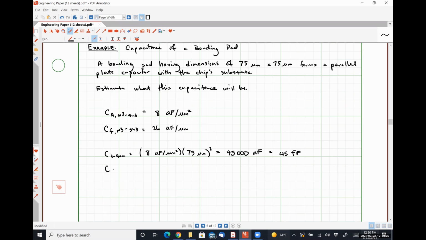Our fringe, how do we get that guy? The length is 75 microns. So that's going to tell us the total fringe field for one side, but our fringe field goes around the entire perimeter of our plate, right?